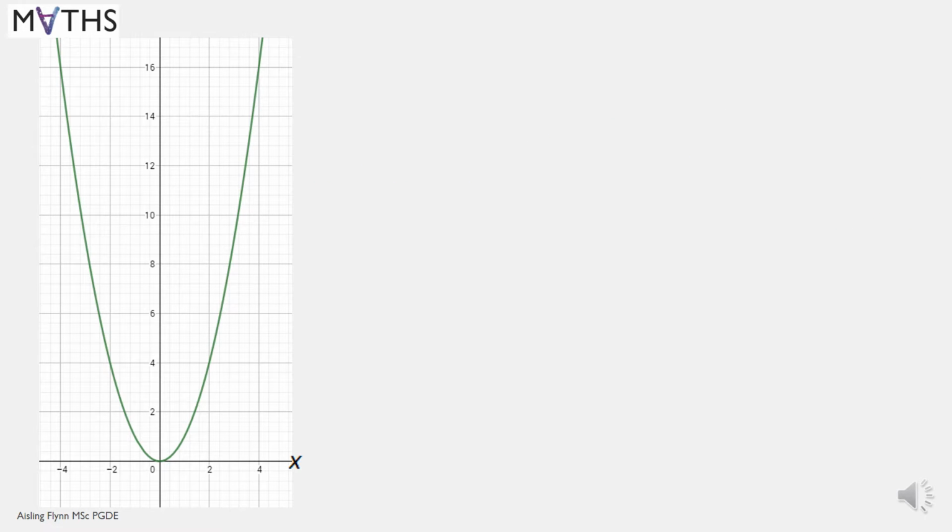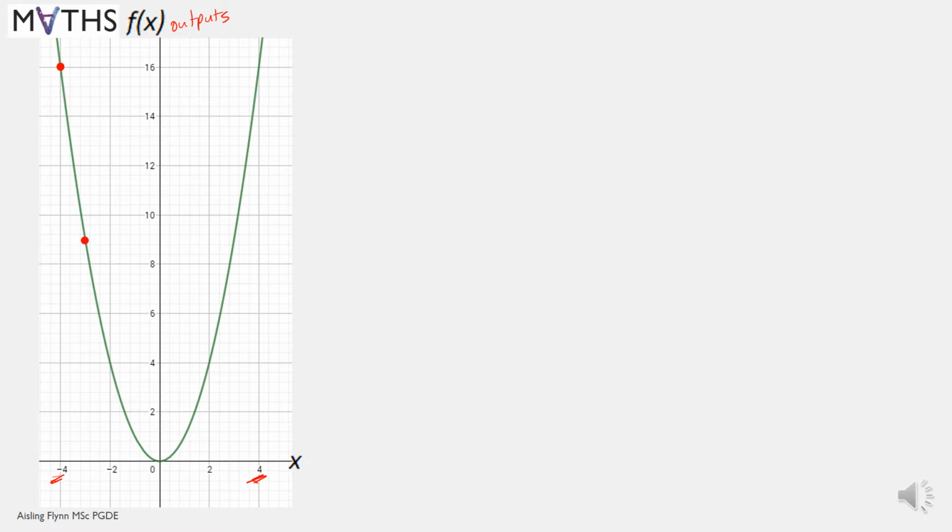And this is what it looks like. So we have our inputs x along the horizontal, and we're asked to go from in the domain -4 up to +4. And f of x, or our outputs, is on the vertical axis or the y-axis, and that was our first point there, -4, 16.